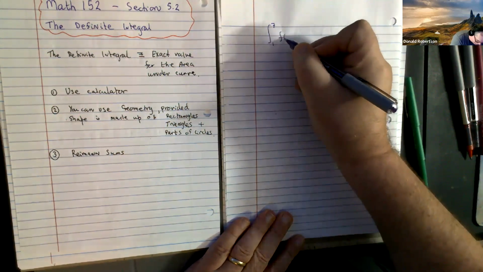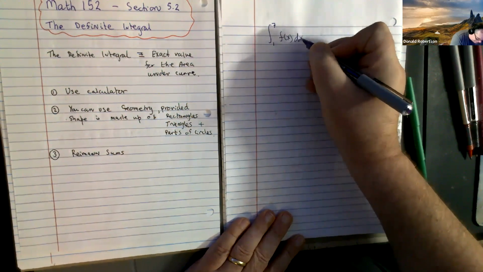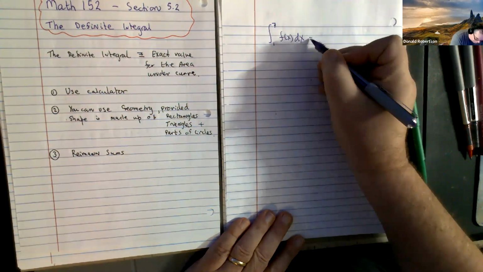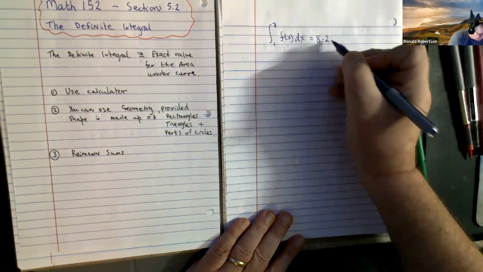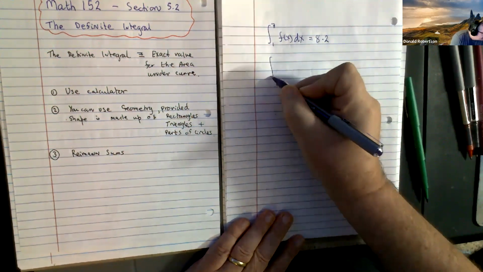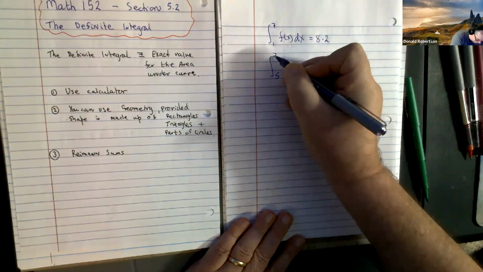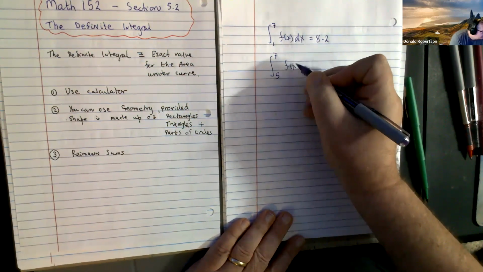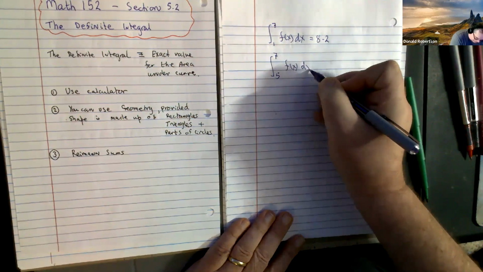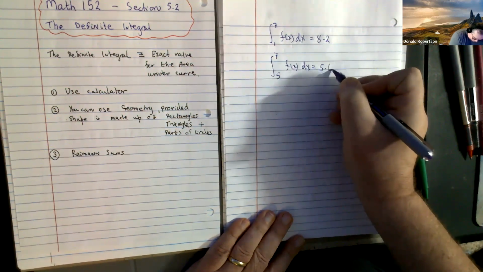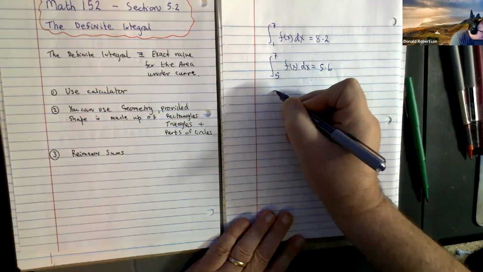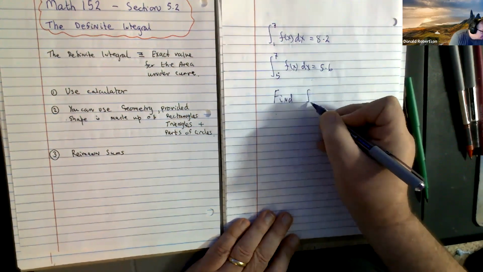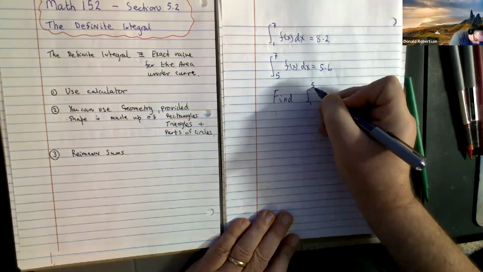Suppose you are told that the area under a curve from 1 to 7 of this function was exactly 8.2, and that the integral from 5 to 7, right, the area under the curve from 5 to 7 of this function was 5.6. You could use it to find the area under the curve from 1 to 5.